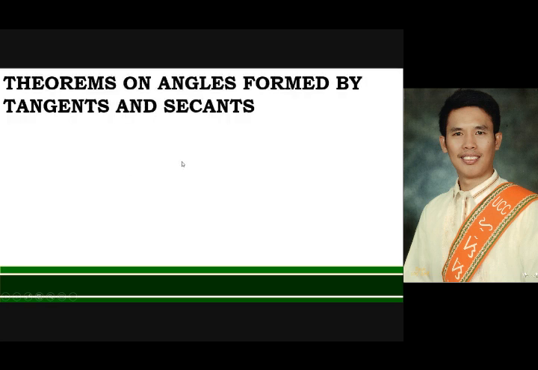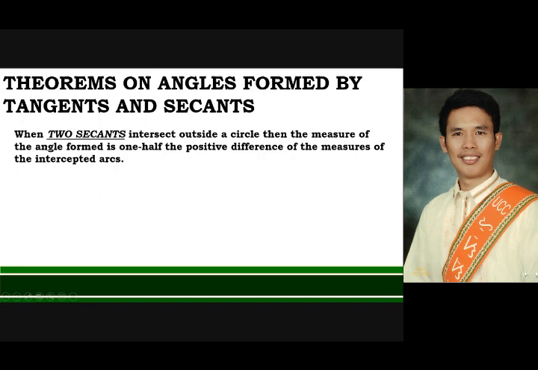These are the theorems on angles formed by a tangent and secant line. First, when two secants intersect outside a circle, then the measure of the angle formed is 1/2 the positive difference of the measures of the intercepted arcs. So, paano yun?